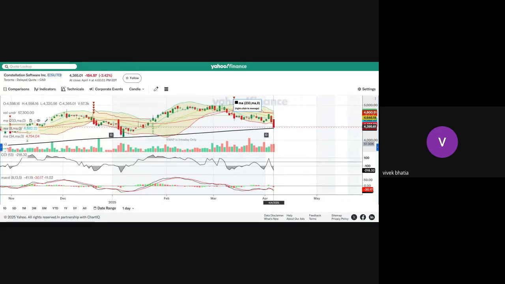Right? And the MACD is below the zero line and negative crossover. CCI is clearly downtrend, no chance of reversal, not even flattening down. So expect further downside on this chart.